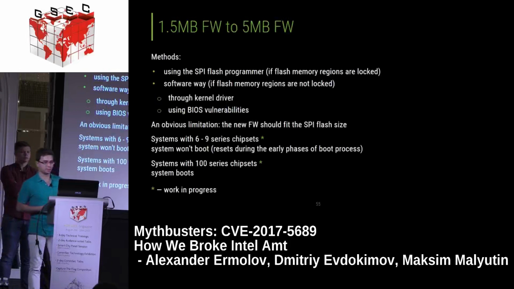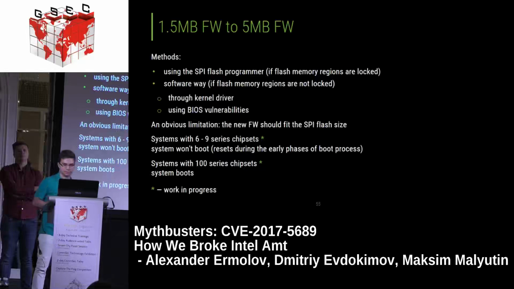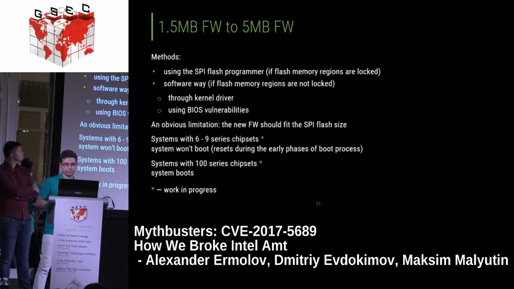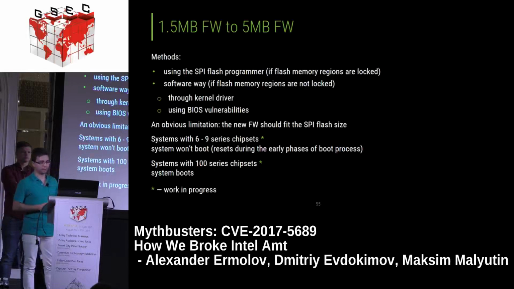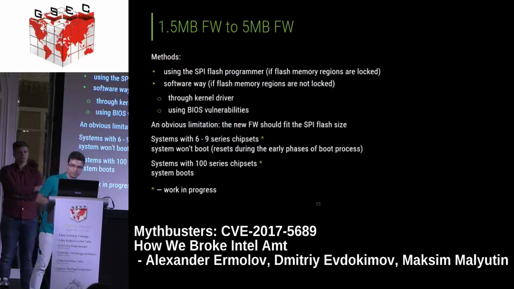This firmware image could be swapped to 5 MB firmware to add the absent Intel AMT implementation to this system. This part of our research is in progress now, however, we have the following results. The obvious way to swap the 1.5 MB firmware image to a 5 MB firmware image on the system is to use an SPI flash programmer, a hardware programmer.